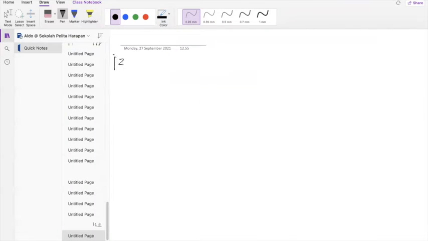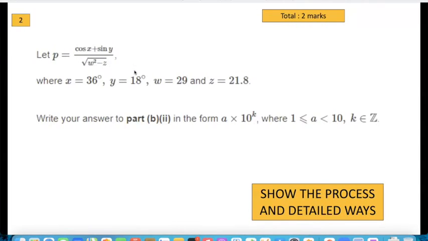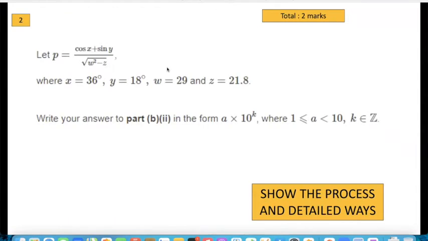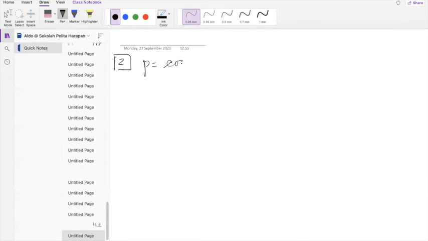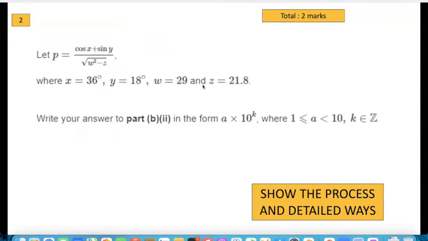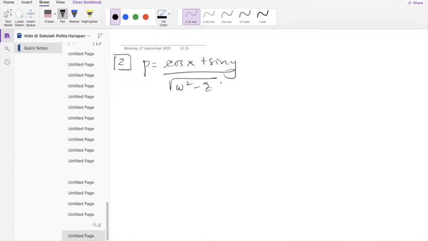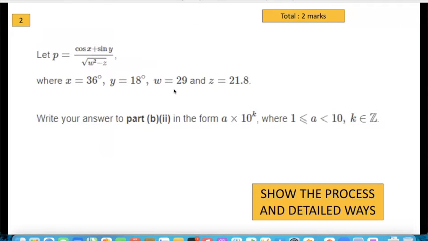So here, P is equal to cos X plus sin Y over square root of omega square W square minus Z. Okay, so you basically just plug in all the information.